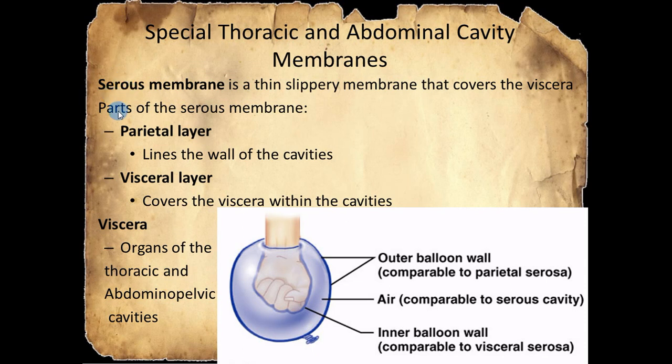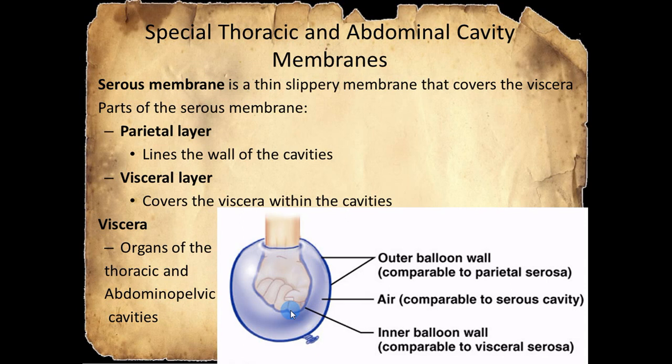When you describe the layers, the layer that's actually touching the organ is called the visceral layer because viscera refers to the organ. The layer that's not touching the organ directly is called the parietal. So if, for instance, I was talking about my heart, if my heart were like my fist and I pushed it into this water balloon, the water balloon would wrap up and around it. I didn't break the balloon.